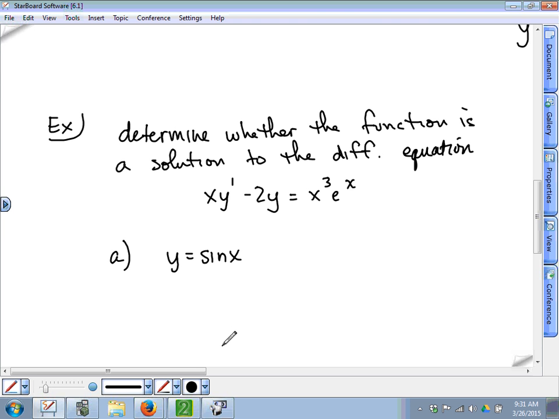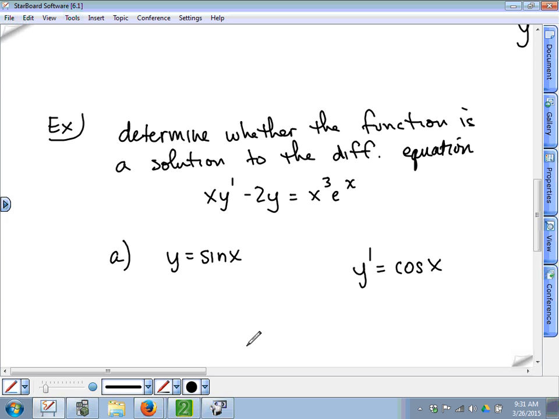Never mind. What's y prime? y prime is cosine x. y double prime is negative sine x, but we might not need that.